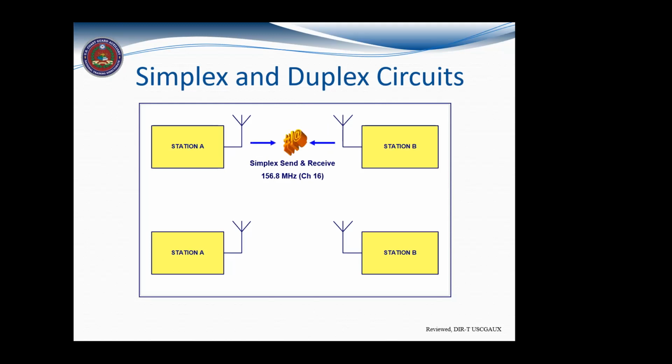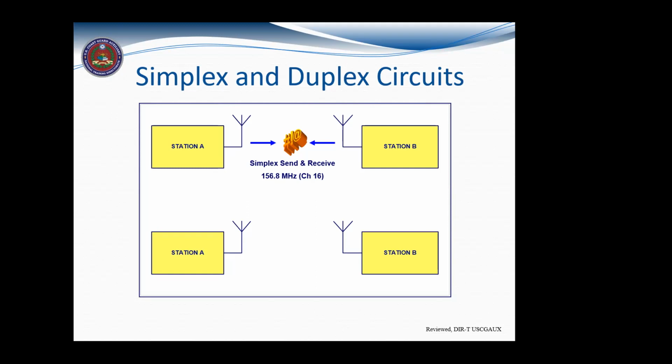So on the distress channel, you are transmitting on 156.8 megahertz, and then you're listening on 156.8 megahertz. Everybody's on the same frequency. That eliminates a lot of confusion, but it also means that if 2 stations are broadcasting at the same time, one of them is going to obliterate the other, and somebody is not going to be heard.